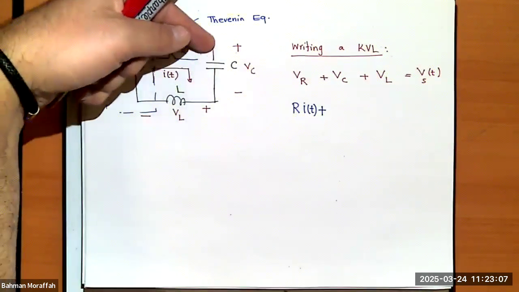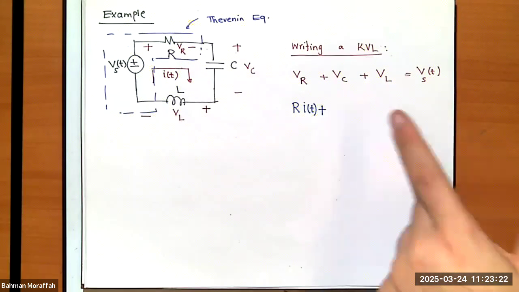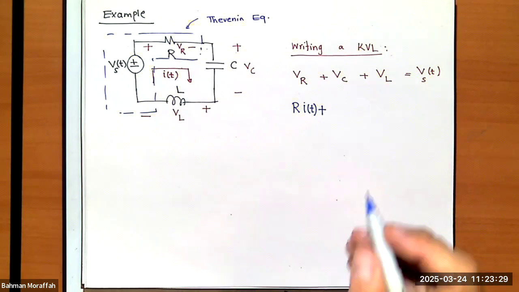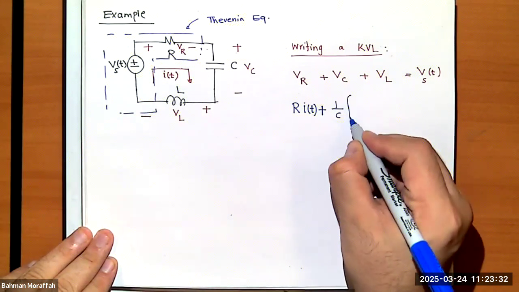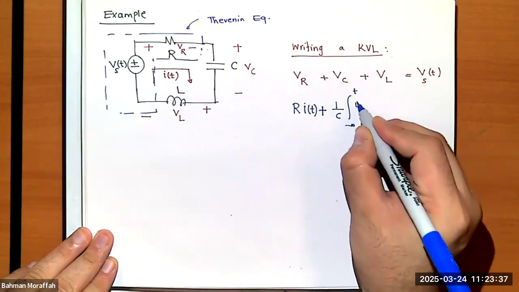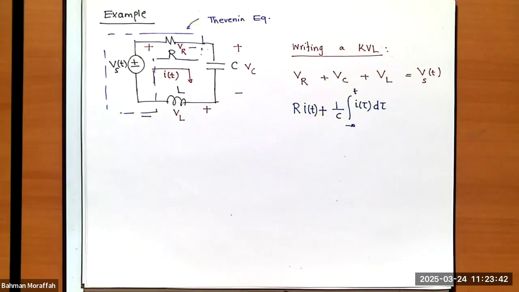Do you agree the current through the capacitor is still i(t), and the relationship between i and v is i equals C dV/dt? So how do I find V then? It's through the integral, the inverse of the derivative. So VC is 1 over C times the integral from minus infinity to t of i(tau) d tau. Let me give you a quick reminder.